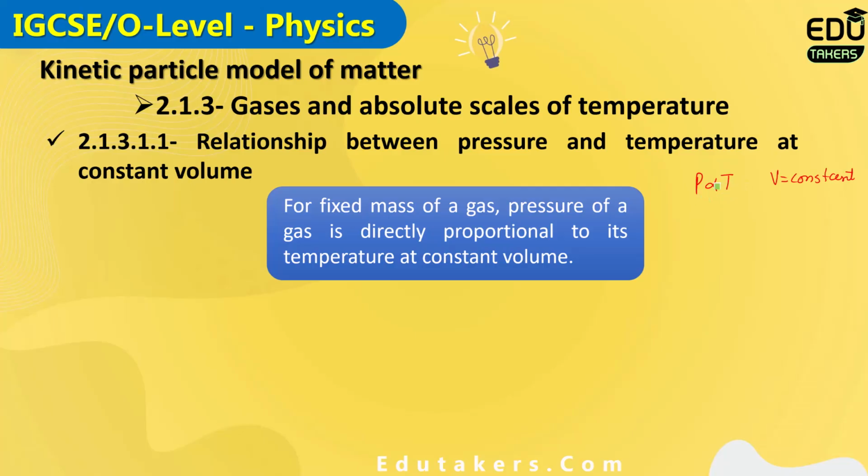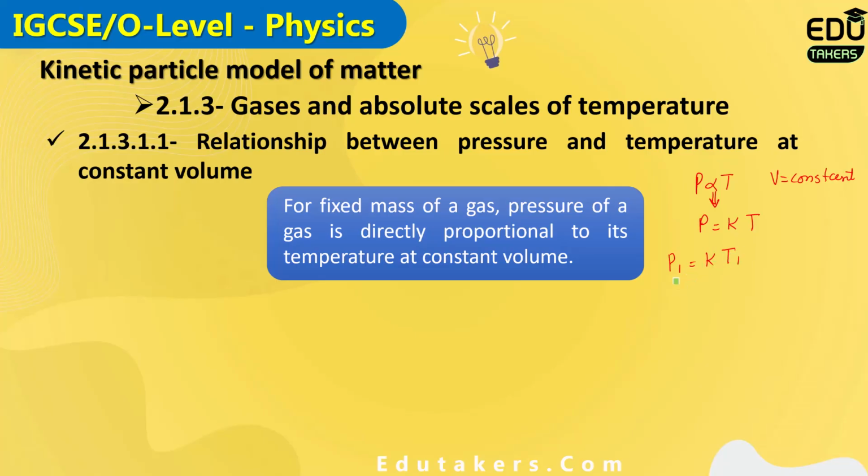So there is a sign of proportionality. When you want to remove this sign of proportionality and replace it with the equality, there should be some constant. So I write here P is equal to K T, where K is any constant and T is temperature. If I write this relation for the two gases, for the first gas P1 is equal to K T1 because K is a constant.